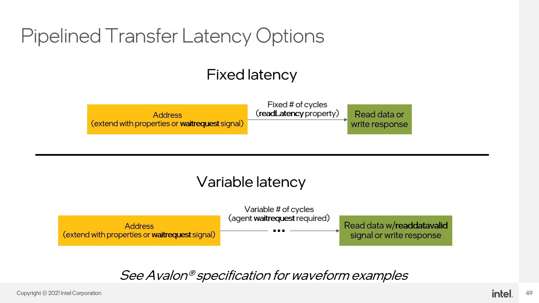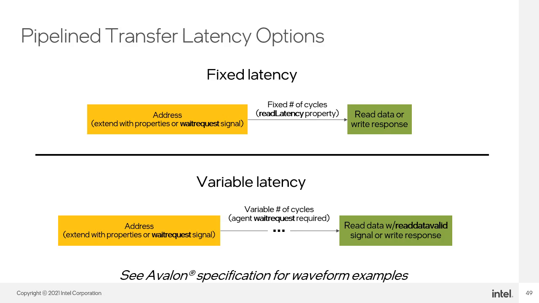When this is set, data is always available readyLatency number of cycles after the address phase, essentially setting the length of the pipeline. For reads, the agent must be designed to always provide valid data at this point because there are no other signals used to validate the data during the data phase. For writes, a response is returned to the host with a validation signal.